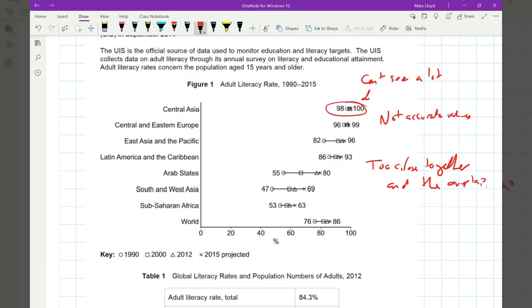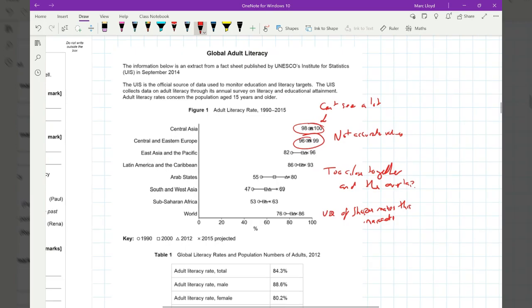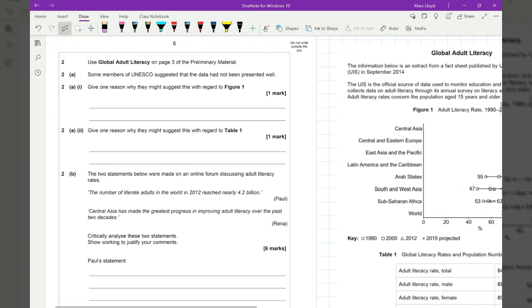So for example, in here and here, you just can't make anything out. And then the use of shapes makes this inaccurate. How do I spell inaccurate? Okay, so that's a pretty shoddy graph, really. I think that's only 1 mark, so there's plenty of reasons there.